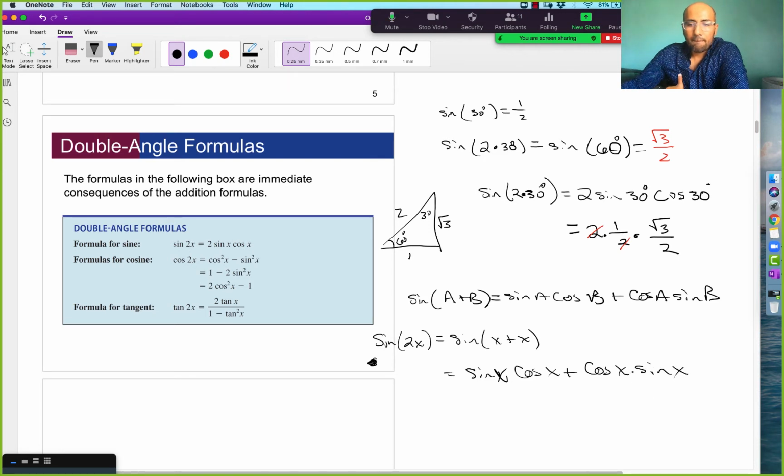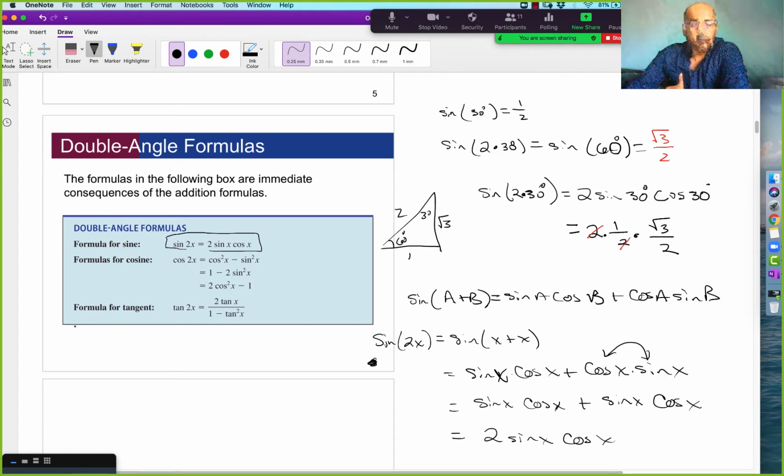The order in multiplication doesn't matter, so I can switch it around and write it as sine x cosine x plus sine x cosine x. Oh, well then now they're identical. So this equals twice sine x cosine x. And that's where this formula comes from.